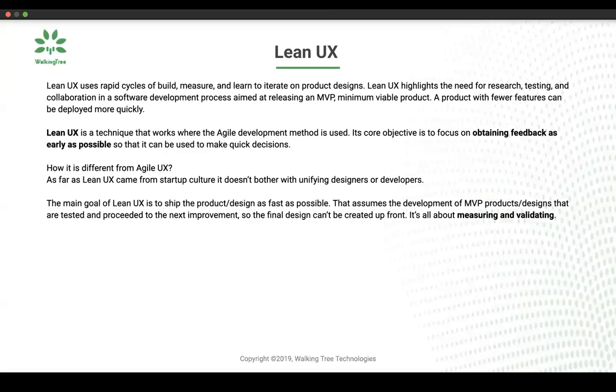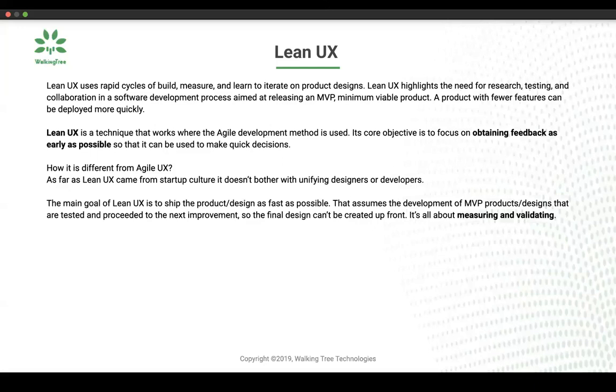So we learn, we plan, we develop, we send it to the market, and again we plan as per their feedback. So the outcome of the first phase will be an input for the next iteration. That's how lean UX has an edge in its process.